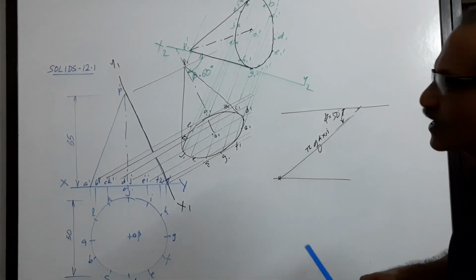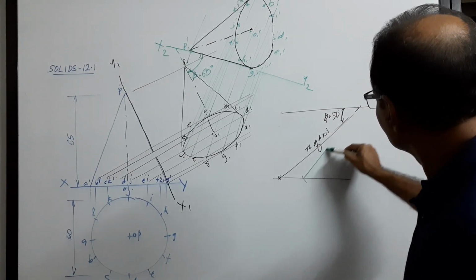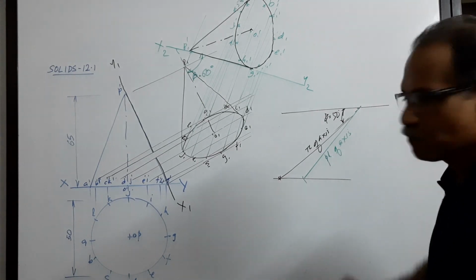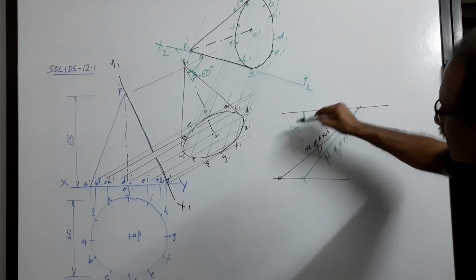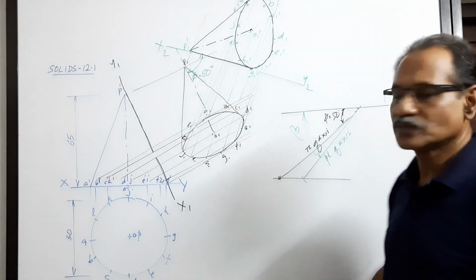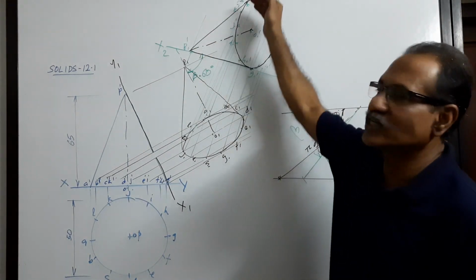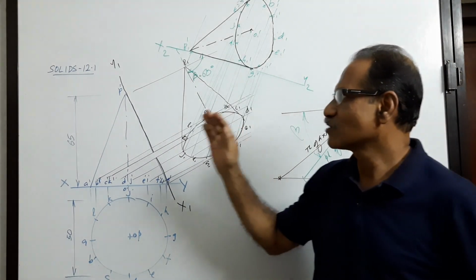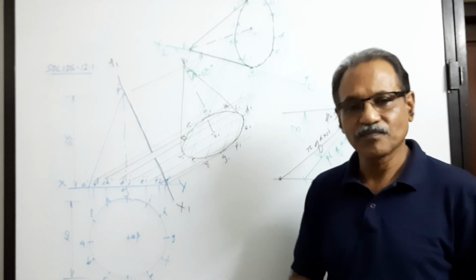Take the plan length of the axis, O1 P1, and cut an arc. This distance is the PL of the axis. This angle is called beta. Take that beta and draw x2 y2 and project the final elevation. Agreed? That is question number 12 drawn using the auxiliary projection method.